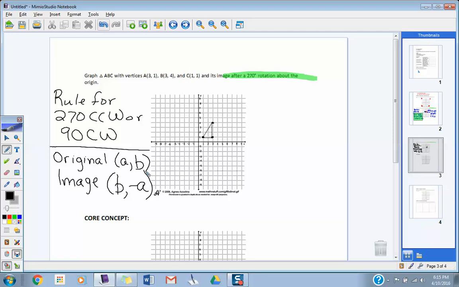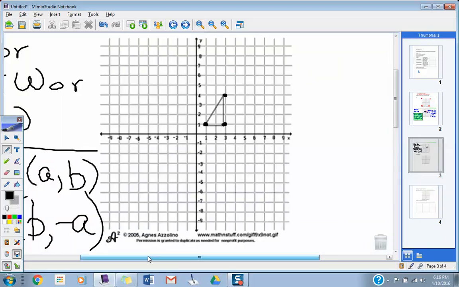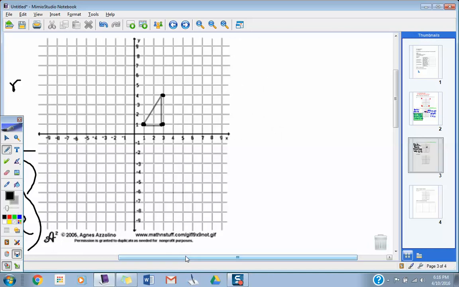So looking at our points right here, I'll blow this up here again. Our points were A, B, and C. A being the point 3 comma 1. Looks like B was 3 comma 4 originally there, and C being 1 comma 1.